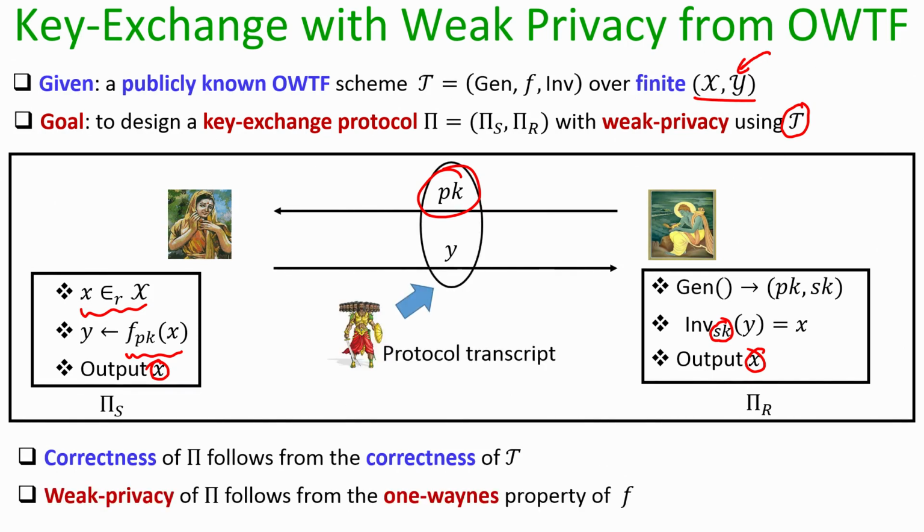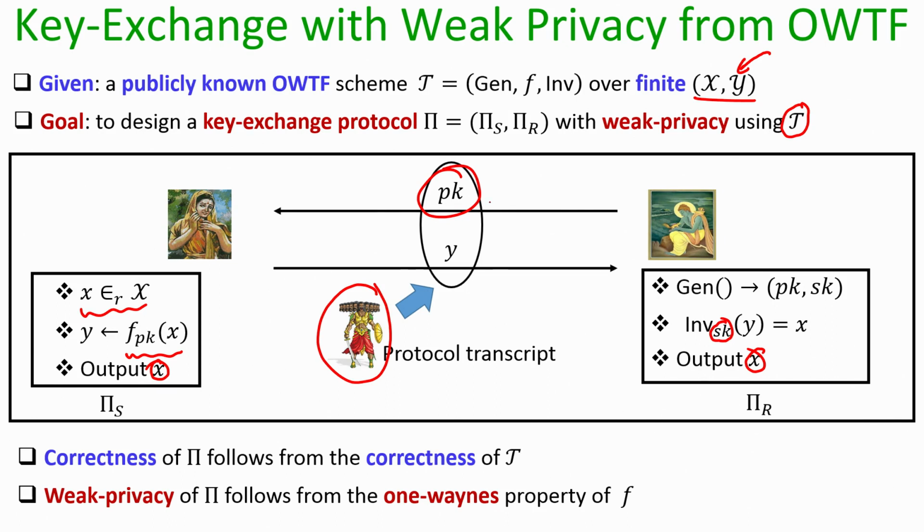and the weak privacy of this whole key exchange protocol follows from the one wayness property of the underlying function f. So, suppose we have a polynomial time eavesdropper who eavesdrops the communication and takes the protocol transcript. What exactly is the protocol transcript for the adversary?